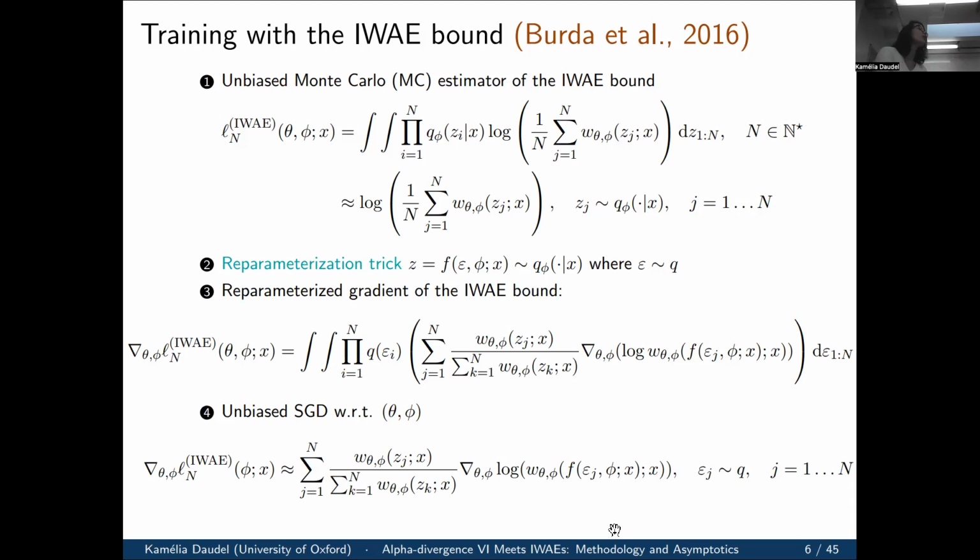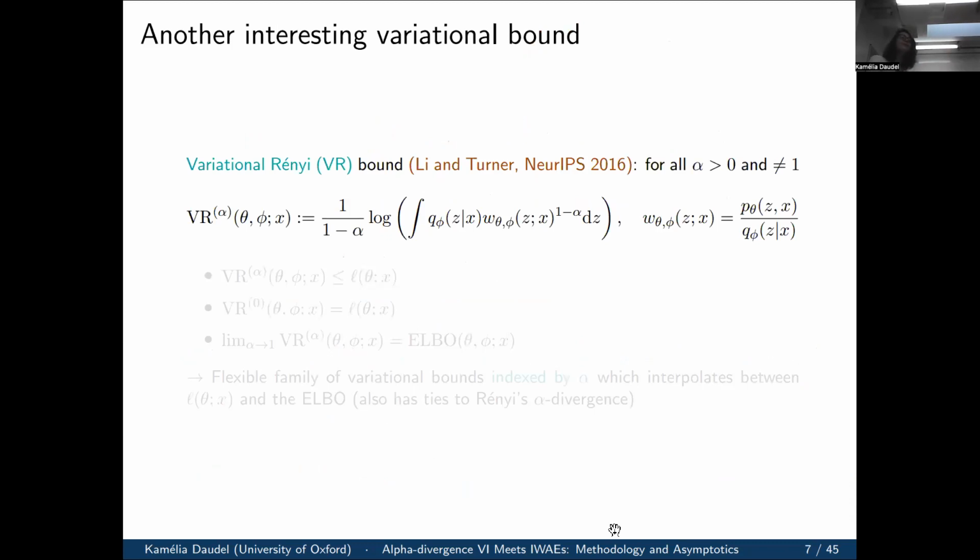Okay, so those were the basics, and now we'll ask: we've seen 2 bounds, but are there other interesting variational bounds in the literature? There's one which is super interesting because it has an alpha in it, which is called the Variational Renyi bound, and which was introduced in a paper by Li and Turner at NeurIPS 2016.